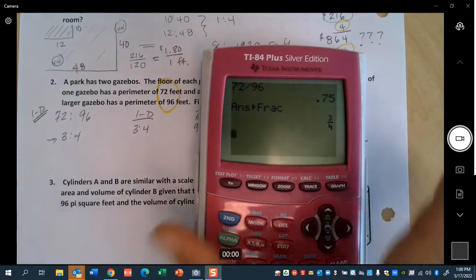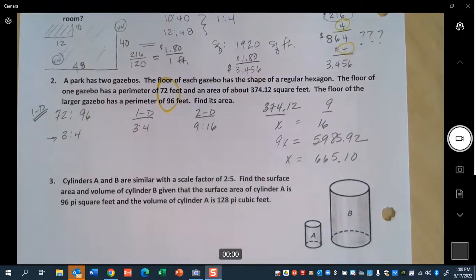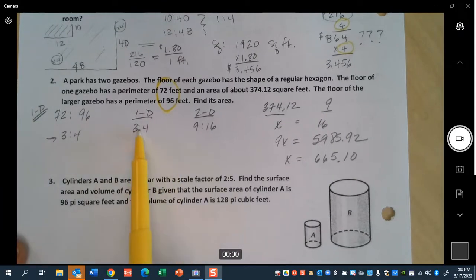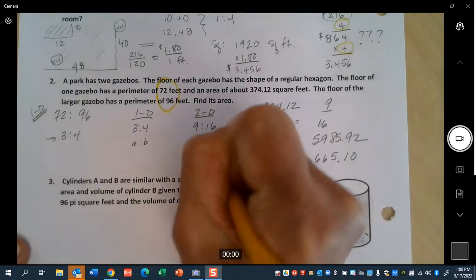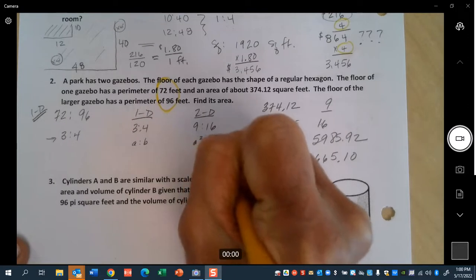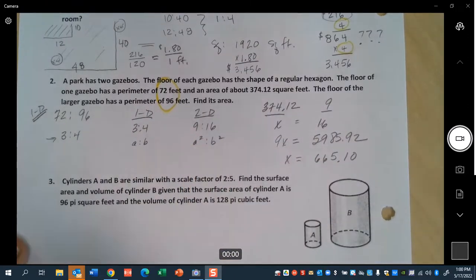Now I'm going to think about my chart. And if you do this every time, you're not going to go wrong. Because if my one-dimensional relationship is 3 to 4, that's my A to B. My two-dimensional relationship is A squared to B squared. So that means it's 9 to 16. So if I'm talking about their areas, I'm not going to use a 3 to 4 scale factor.